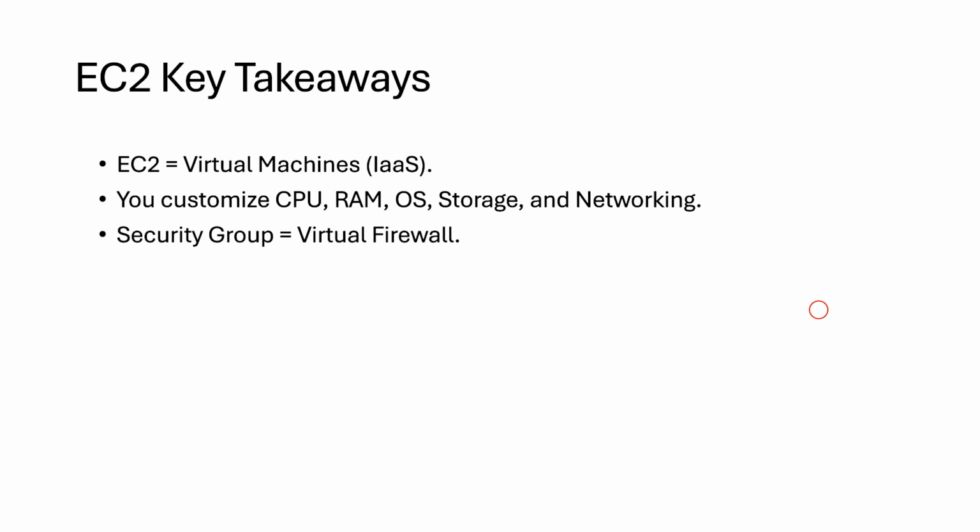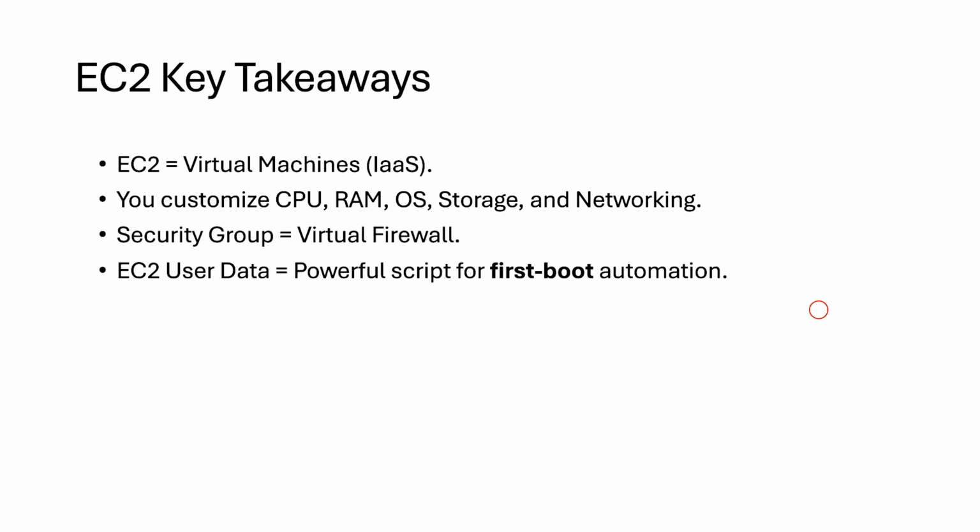And this EC2 user data script is a powerful script for first boot automation. And EC2 is where you provision your compute power, and its flexibility in sizing, configuration, and automation via user data is what makes AWS truly elastic.